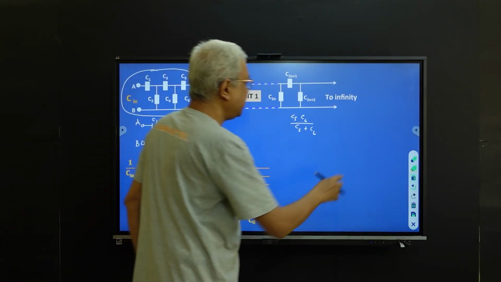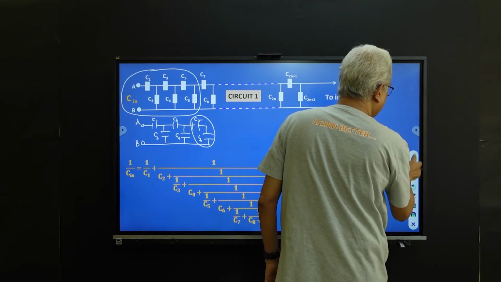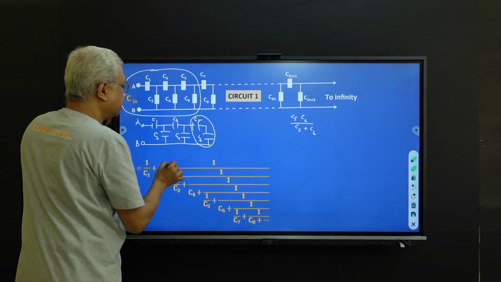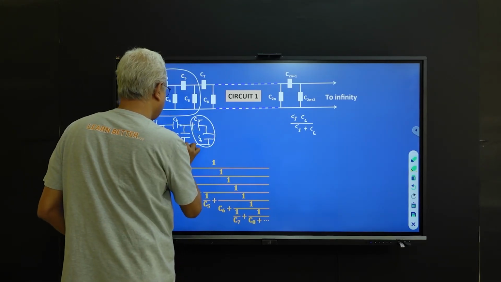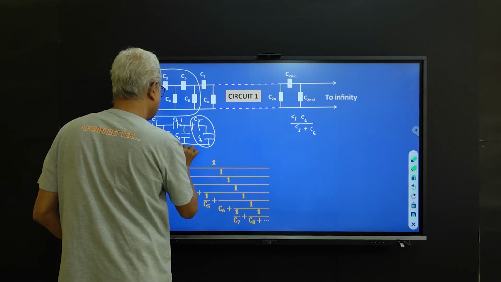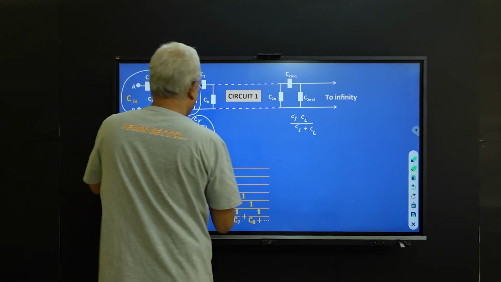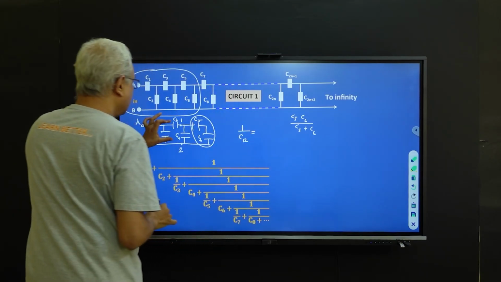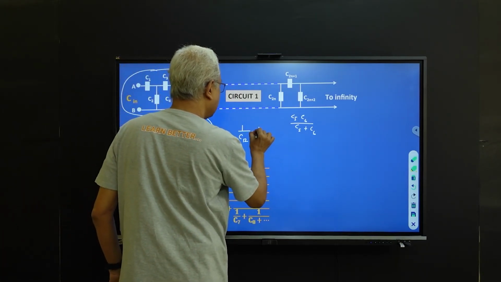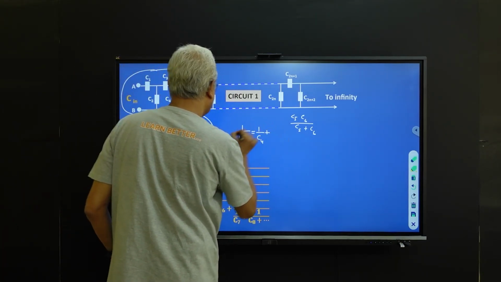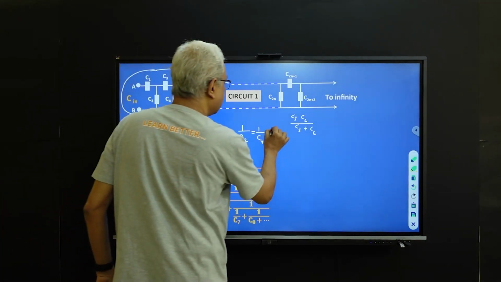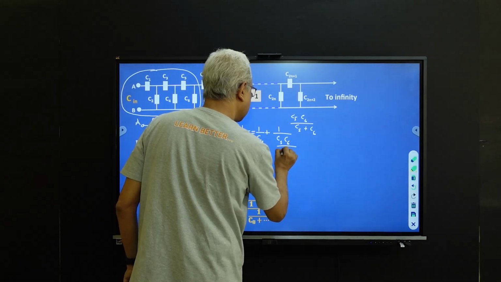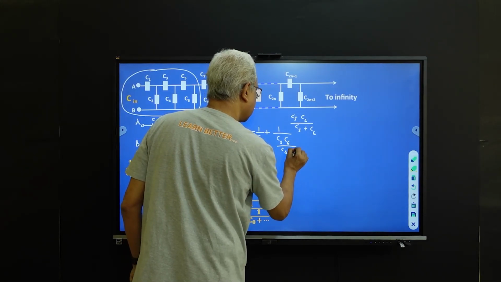Now this series combination is in parallel with C4. So if I consider these 2 points as 1, 2, then C12 is equal to C4 plus C5 C6 by C5 plus C6.